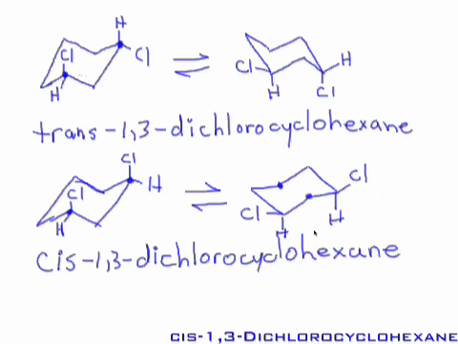Well, let's check one more case before we finish up. And let's look at the trans and cis 1,4-dichlorocyclohexanes. Now in the case of trans 1,4-dichlorocyclohexane, we can draw two ring-flipped chair conformers.